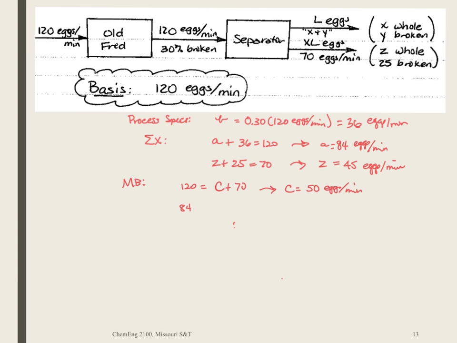So 84 equals little x plus z, which we've determined to be 45, and so forth. So I can go through and write all of these equations and get all my answers.